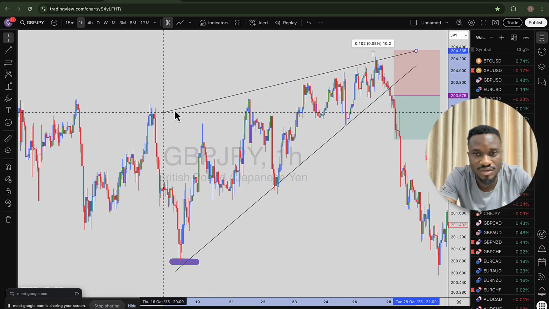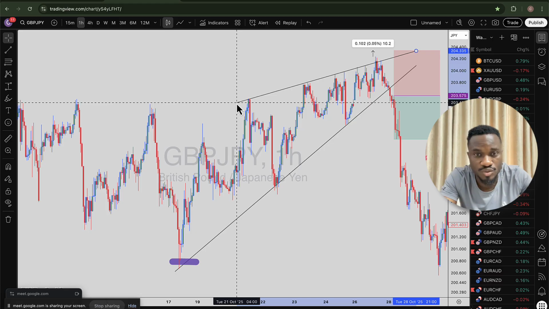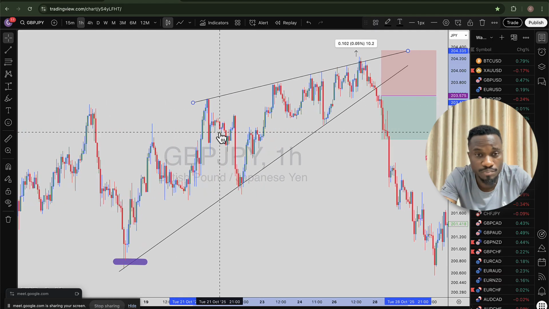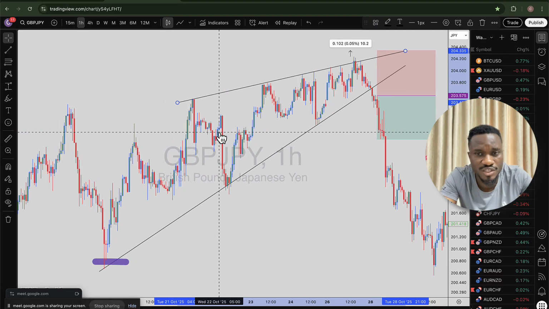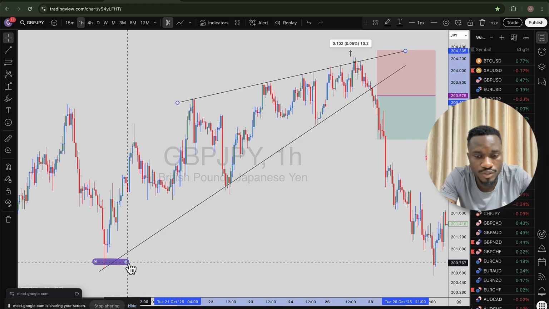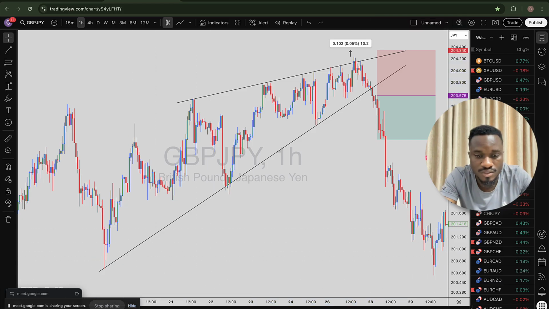Do you remember that? Okay, now based on what I taught you in the last class, I said for you to measure the measurement objective, we have to look out for the edges which fall inside this wedge, the two edges rather. Now the two edges which fell into this pattern start from right here and right here.